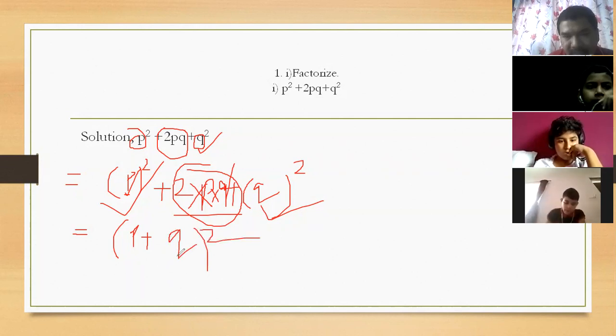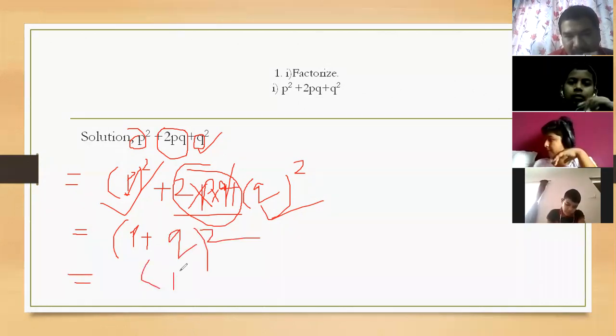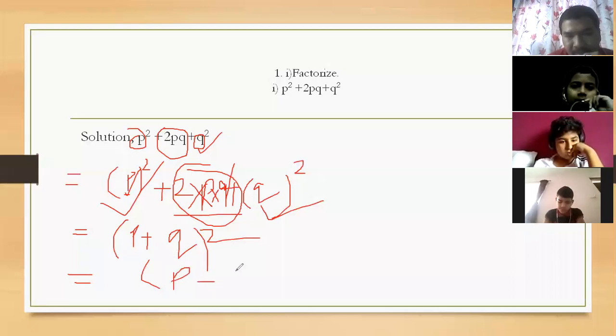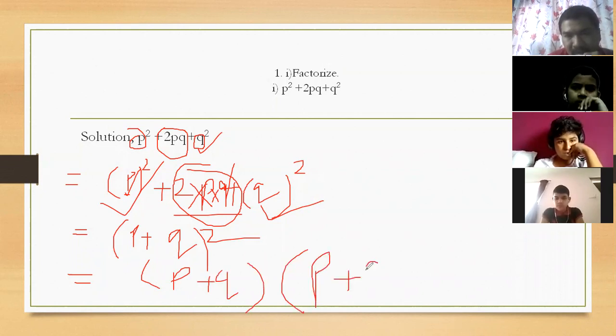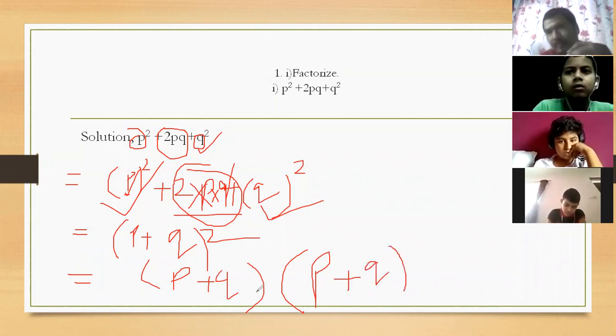So (p plus q) whole square. What does (p plus q) whole square mean? How many factors are there? (p plus q) whole square means p plus q is one factor, and another one also p plus q. There are two factors of p plus q.